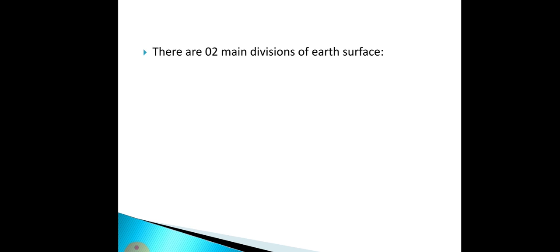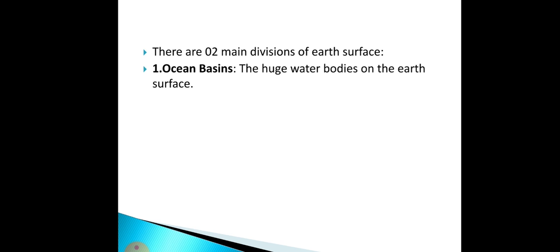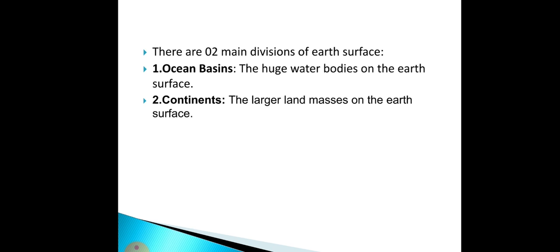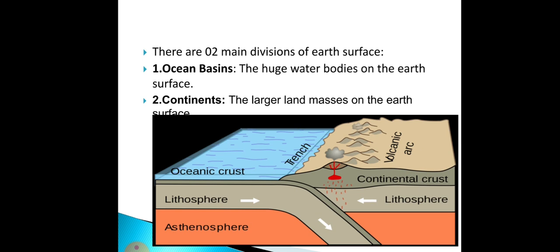Now there are the 2 main divisions of the earth surface. First is ocean basins and second is continents. Ocean basins means, as we know, the huge water bodies present on the earth surface, and continents means the land on the earth surface.